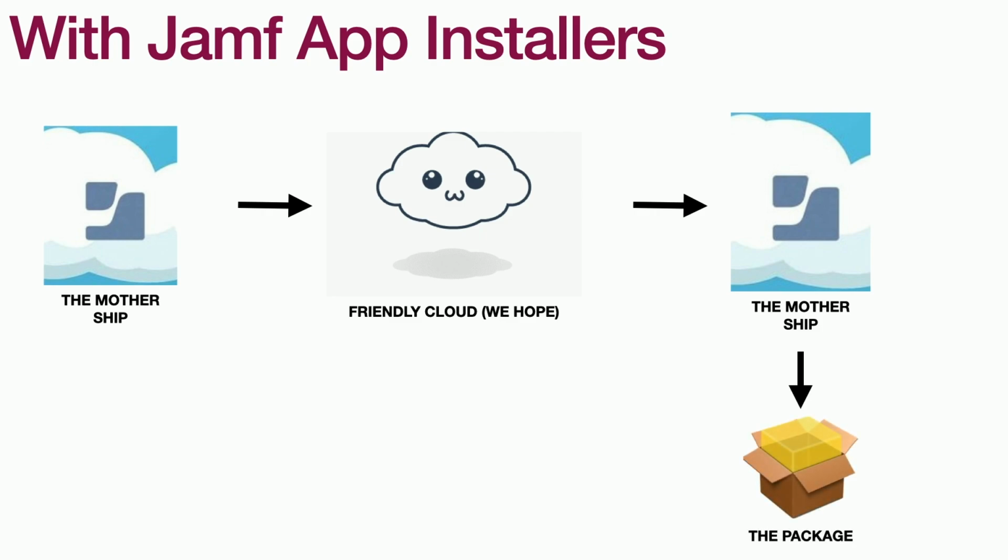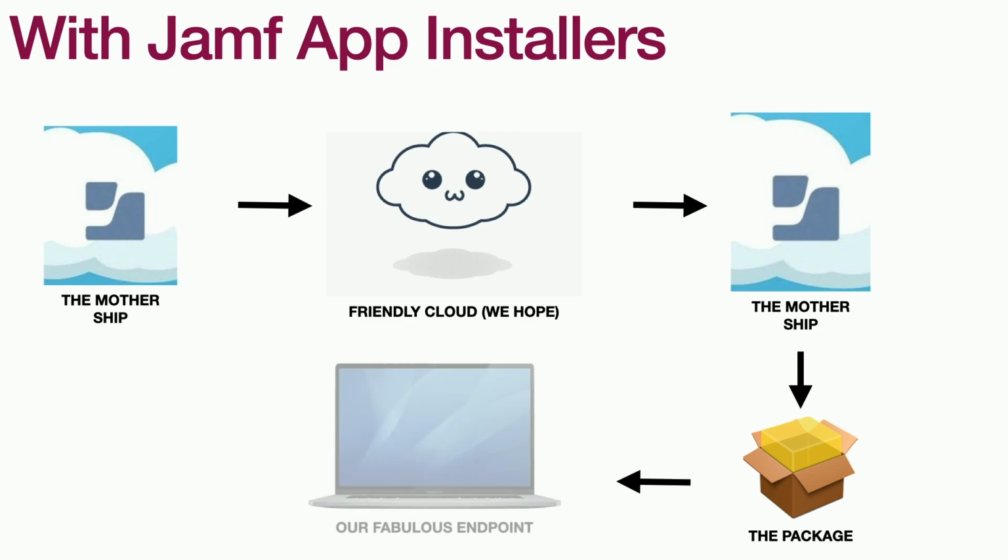And instead of us having to manually upload that package and manually deploy a policy, essentially it's just going to be a one-step configuration to go ahead and get that set up and deploy that down to your endpoints. And we'll dive in. You'll have some visuals here in just a moment.